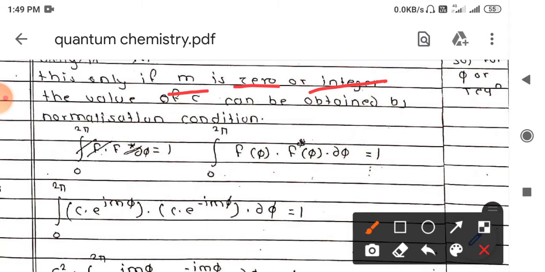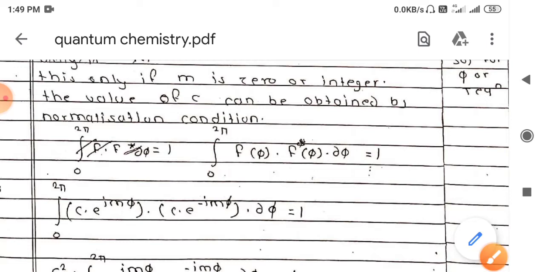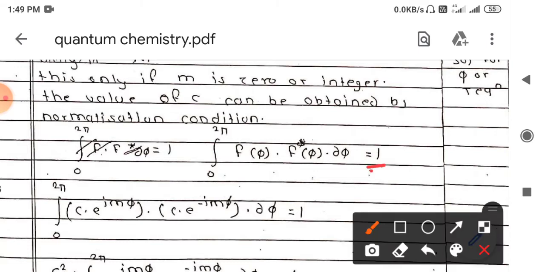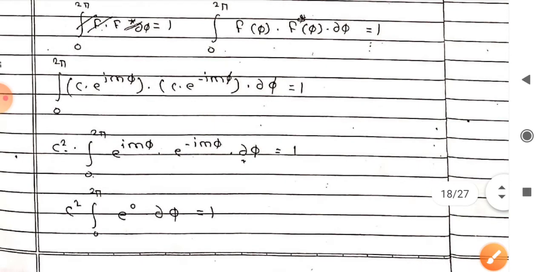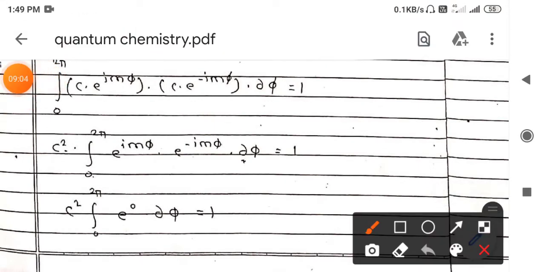To obtain the normalization constant, we consider the normalization condition, that is psi star psi d tau, or d whatever the variable may be, should be equal to 1. Here the range of the variable is 0 to 2 pi for the given f function, and we need to take the complex conjugate of that equation.